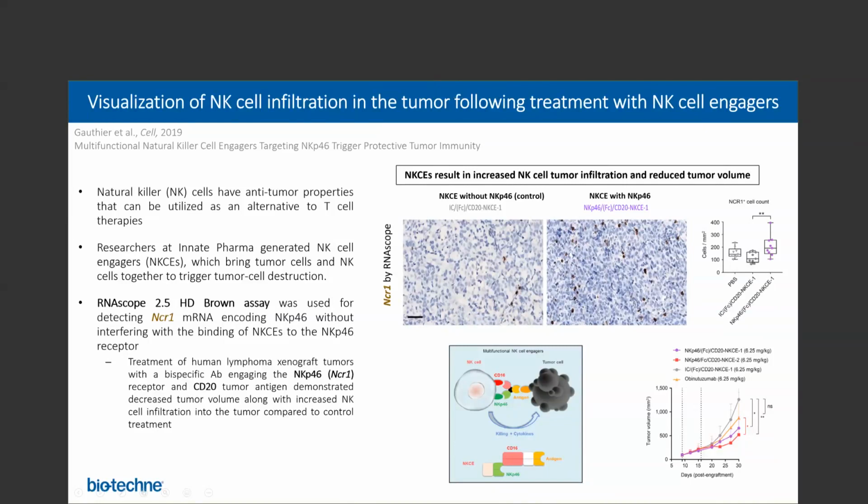And this shows you that the NK cell engagers were indeed successful in mounting a stronger immune response against the tumor antigens by increasing the infiltration of NK cells within the tumors.